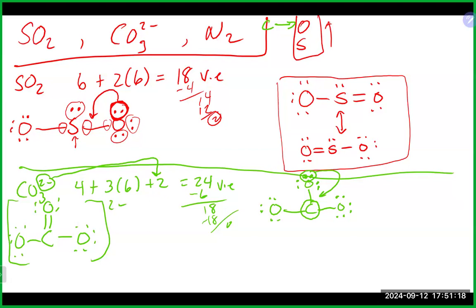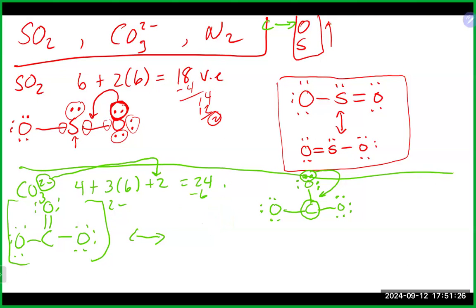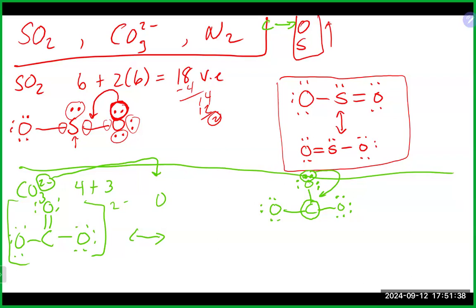This again is another one that we can draw a resonance structure for. Again, we could do, if we wanted to, let's draw a little higher here. We could double bond to the left.